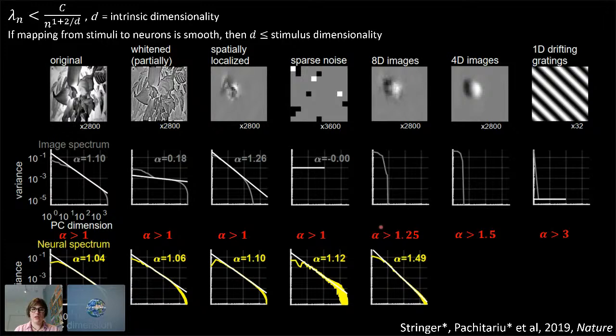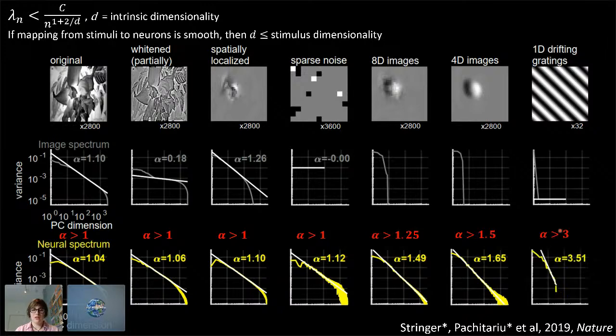So if we look at our eigenvalue spectrum, indeed, when we change the dimensionality of the stimulus, not when we change these other properties, we see an increase in alpha. It becomes 1.5, and this is above the bound where we're thinking that the responses are smooth. And if we show 4D images, this is also above this bound. Alpha is 1.65. Then we show 1D images, and we see that the power law also decays faster.